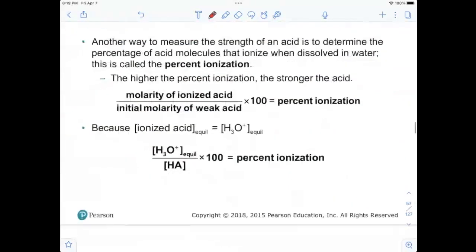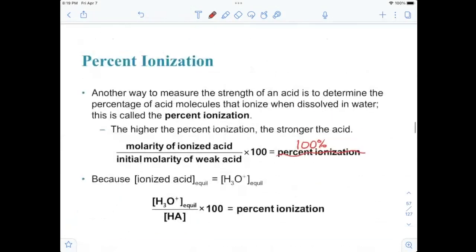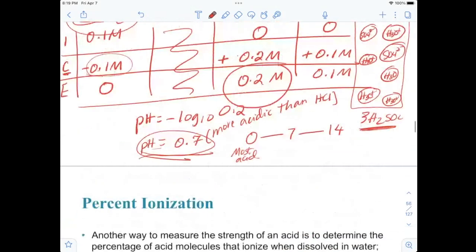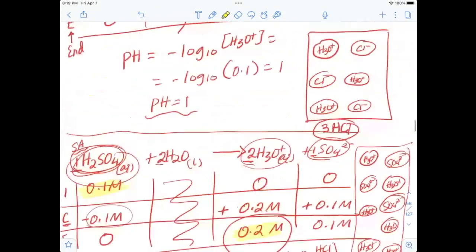Okay, moving on. I did mention percent ionization, right? And we said that for a strong acid, the number that goes here is going to be 100%. And I said this over and over again using the ice table, that if it's 100%, that just means the number you have down here should match the number you have up here, or in this case, it would be double, right?